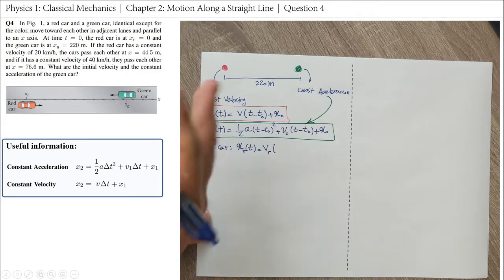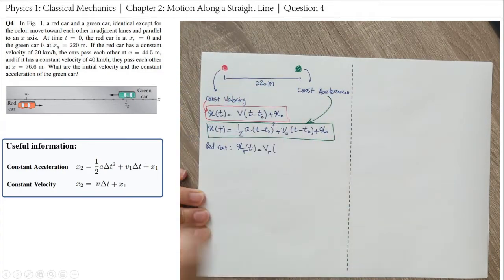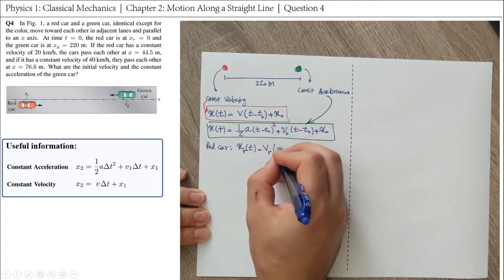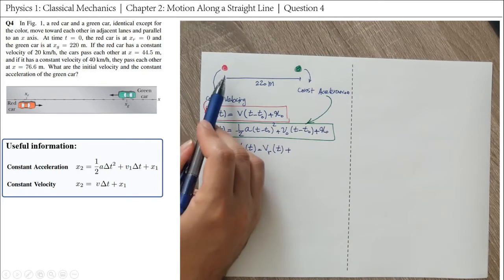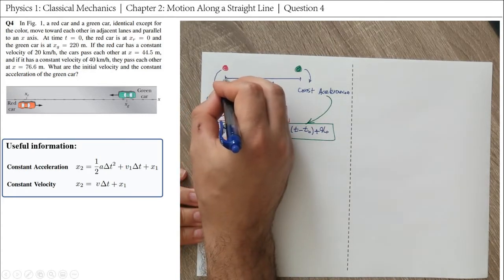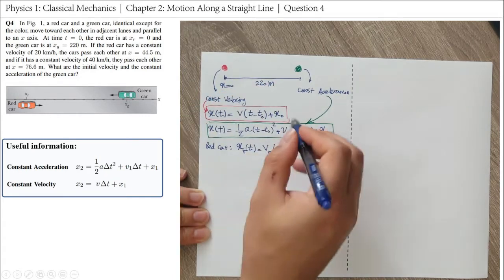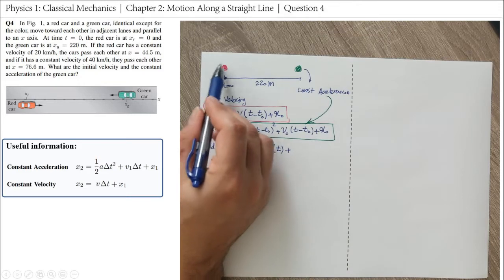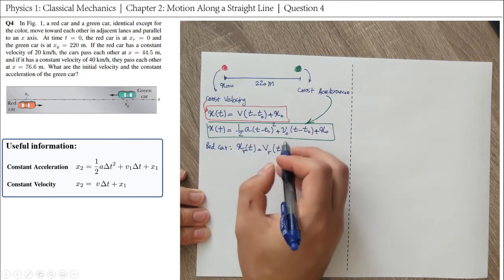In our question, let's assume that we start at the initial state, the time is 0, okay? So it's just going to be VR t plus x naught. Now, what is the initial position of the red car? If you assume that this is the origin of the axis, you can say that this is x equals 0, okay? So by doing this, we can say that the initial position of the red car is actually 0. So it's just going to be VR times t.